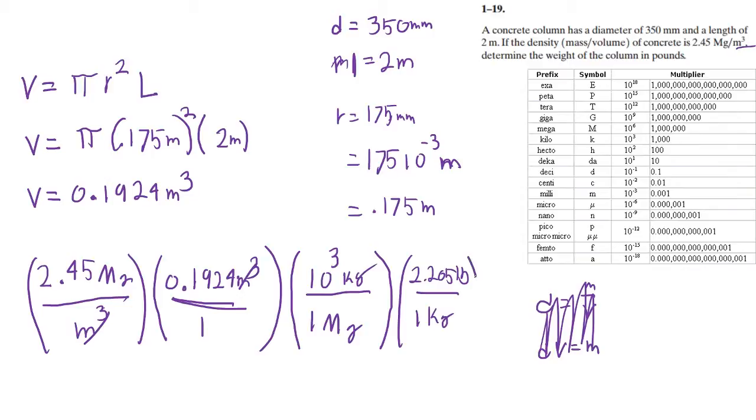Number you should have drilled in your head. And what do we want this in? Pounds. Perfect. So our megagrams cancel, kilograms cancel. What you plug into your calculator is 2.45 multiplied by 0.1924 multiplied by 10 to the 3rd multiplied by 2.205 pounds.